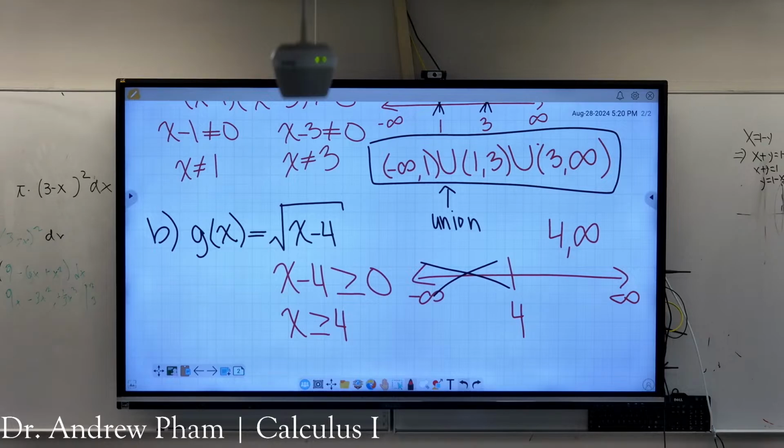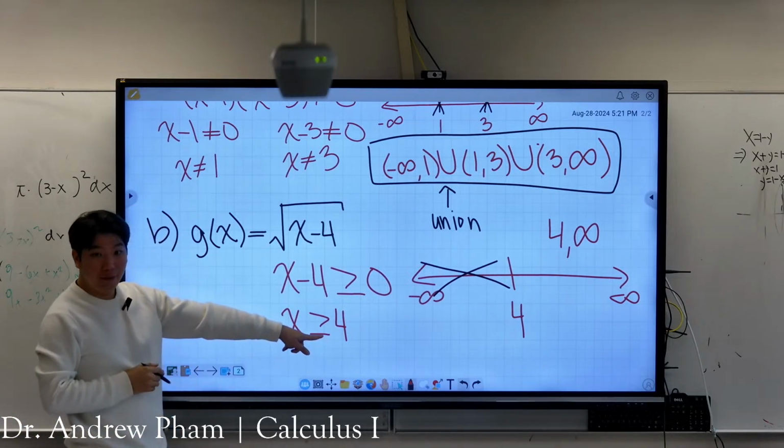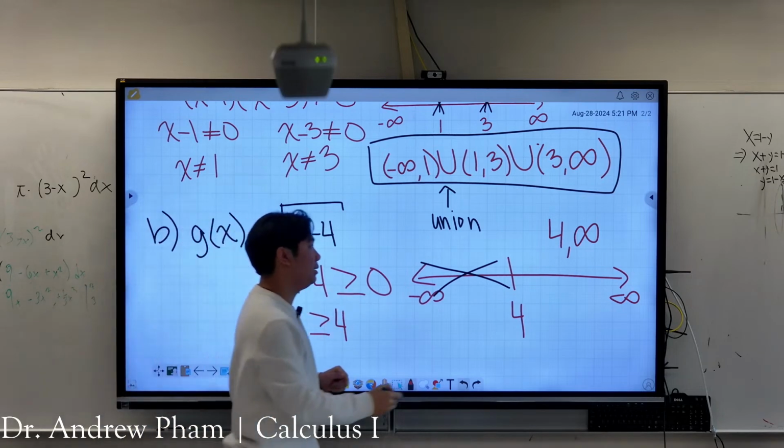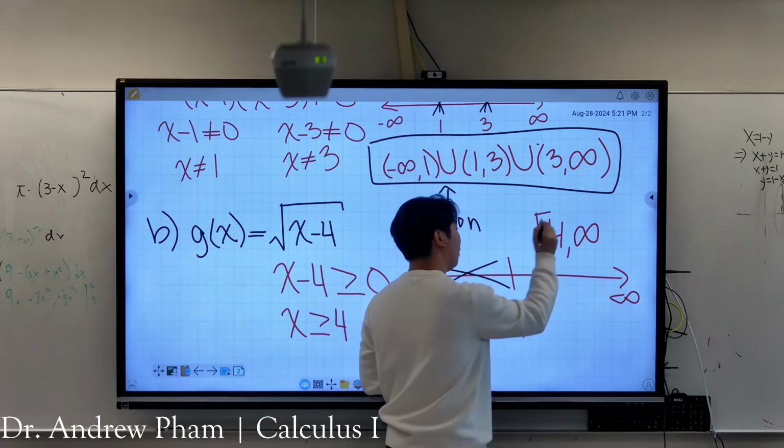What was the difference between those two? Yeah, so square brackets means that you included the number. Parentheses means that you exclude the values. So we are including 4. So let's put a square bracket on the 4.